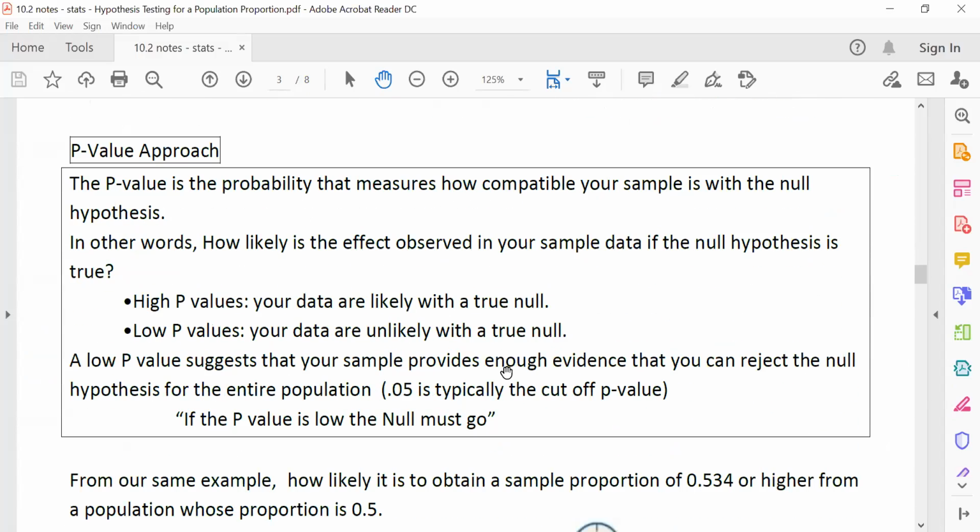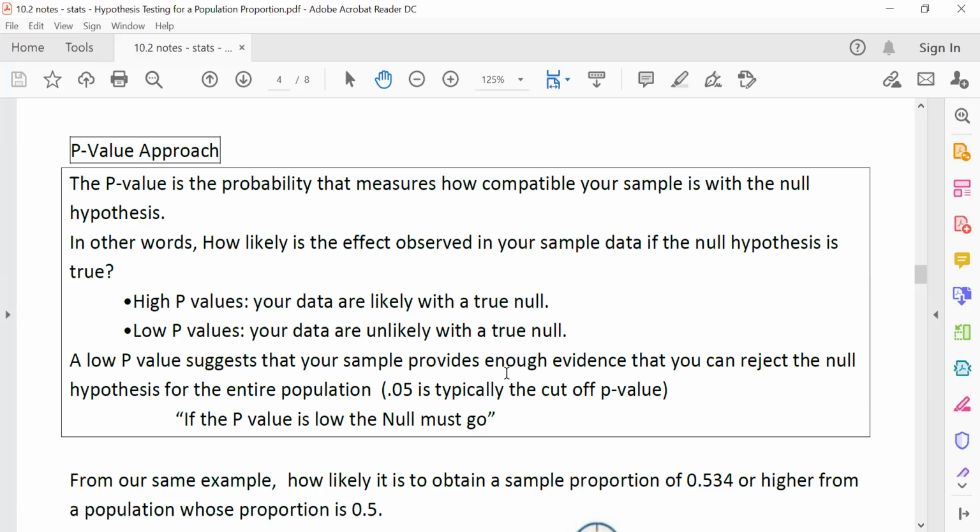Now we are also capable of talking about the p-value approach. The p-value is the probability of obtaining a test statistic that is at least as extreme as what you've found. If you calculate a high p-value, then your data are likely under the null hypothesis.